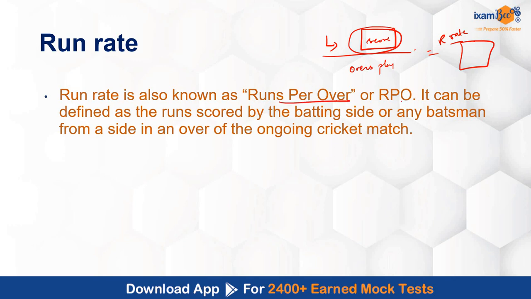So it's the total runs scored by a team, by the batting side or any batsman. अगर आप किसी batsman के run rate निकाल रहे हो, then you take the scores scored by that particular batsman and you divide it by the overs played of the match. That gives you the run rate.